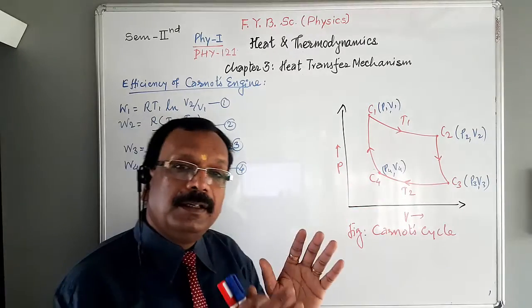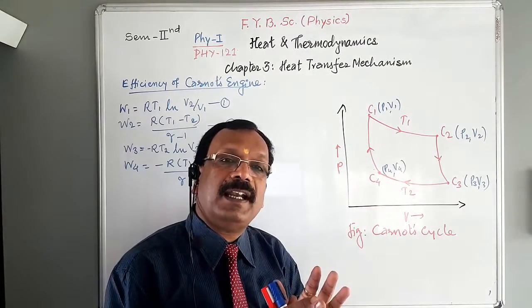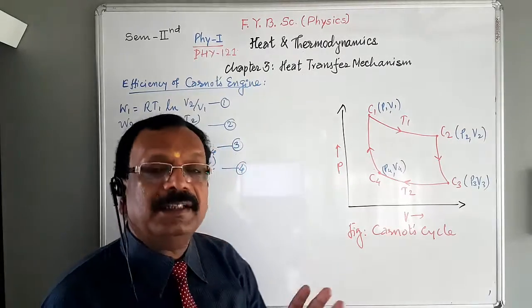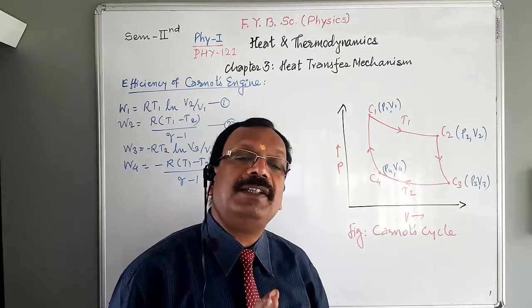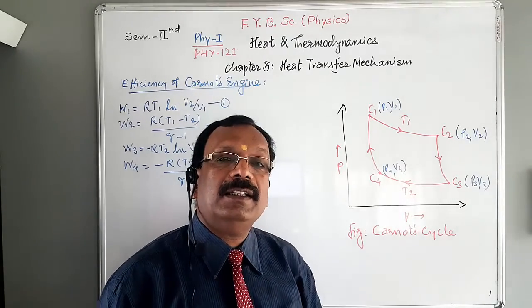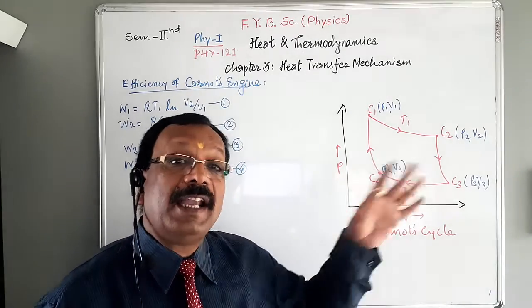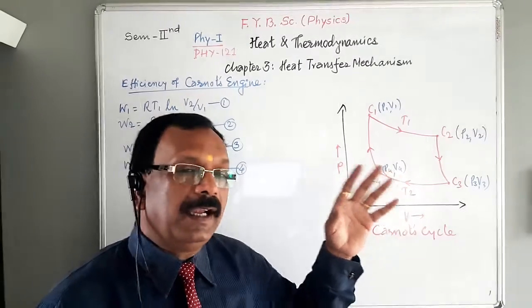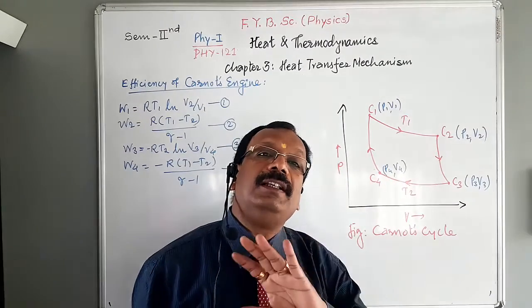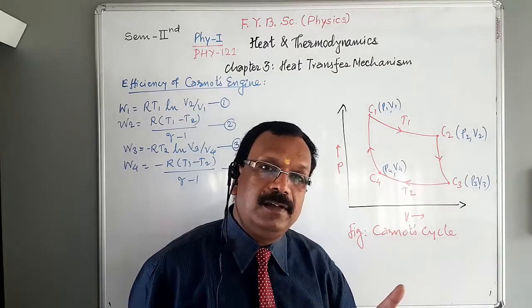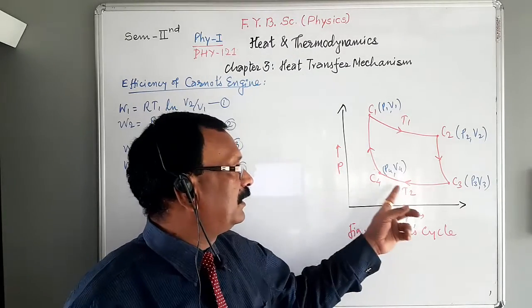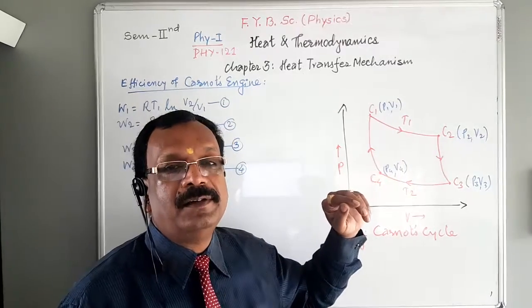When we remove the system from the sink and place it on insulating stand, and when we adjust the pressure on the piston so that gas is compressed adiabatically, and as system is totally isolated from that of surrounding, obviously its temperature increases from T2 to T1.